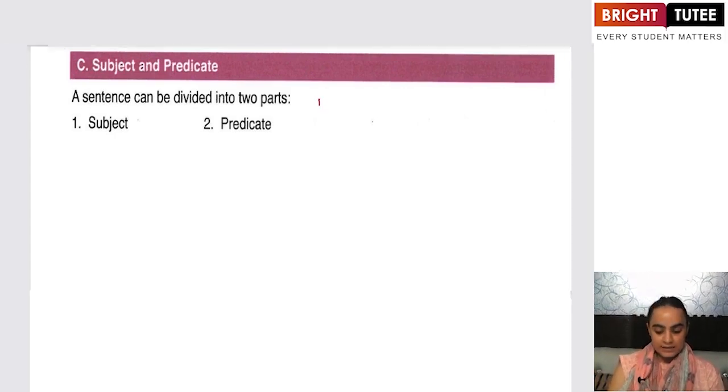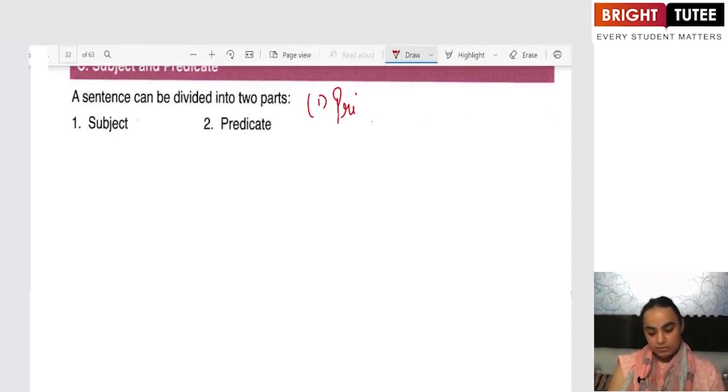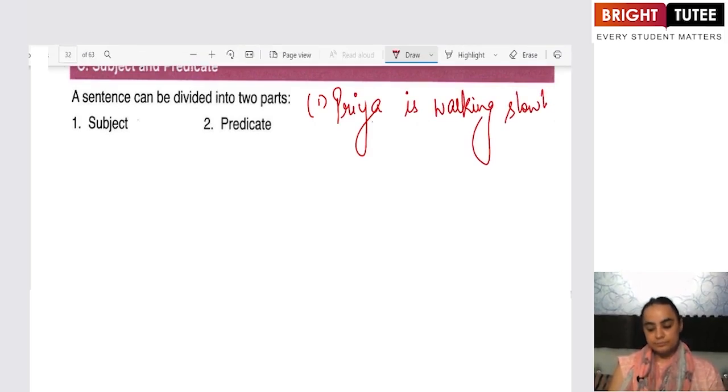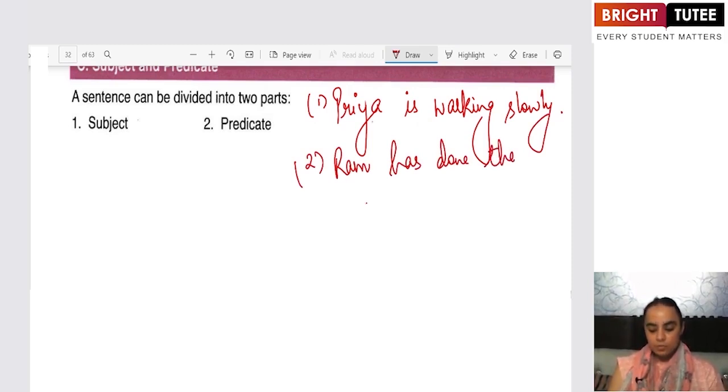If I say, Priya is walking slowly. If I give you the example, Ram has done the work.